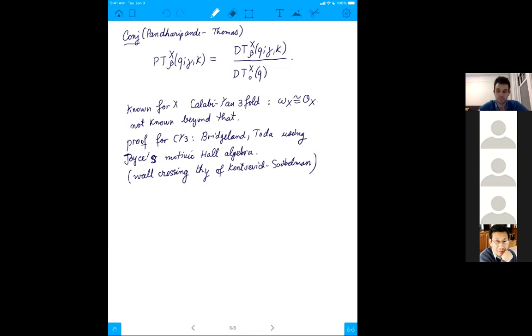Yes. So our motivic Hall algebra is a bit more complicated. I mean, it's derived, so it's more difficult to use.